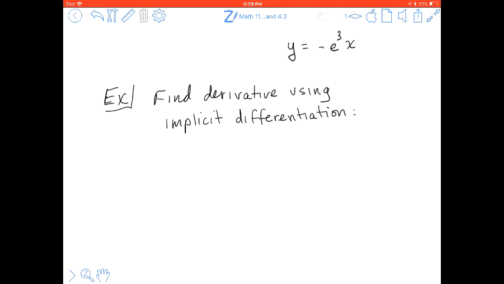So the example might be something like x squared times y minus e to the y minus 4 equals 0, and you're supposed to find dy dx.